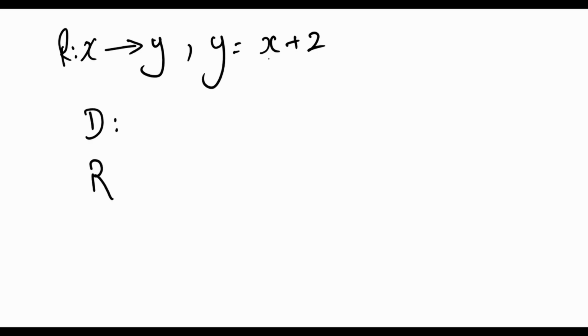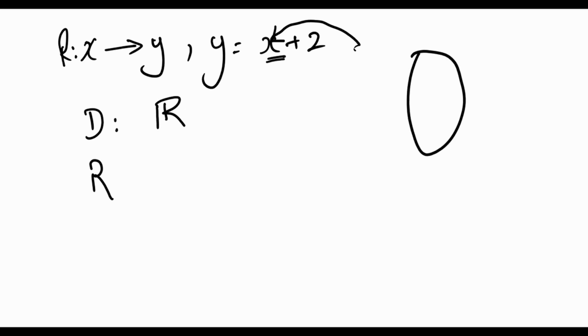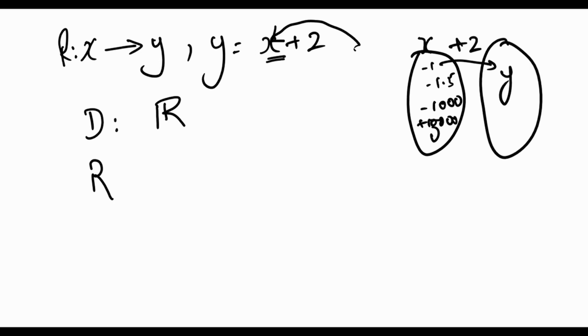The domain here is the values that x can take. I can input any values of x here, which means x can take all real numbers. I can say -1, -1.5, -1000, or even plus 10,000, anything, or 0. So any number could be used for x, and I just have to add 2 to it and I'll get the y values, correct?